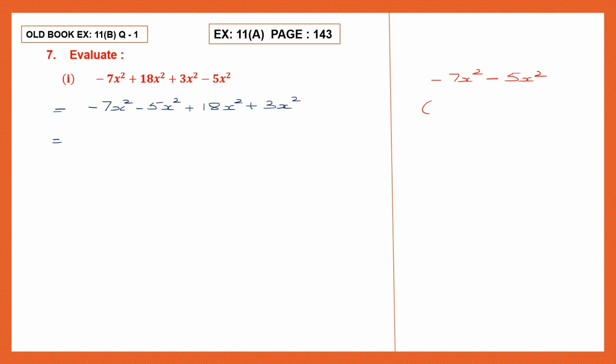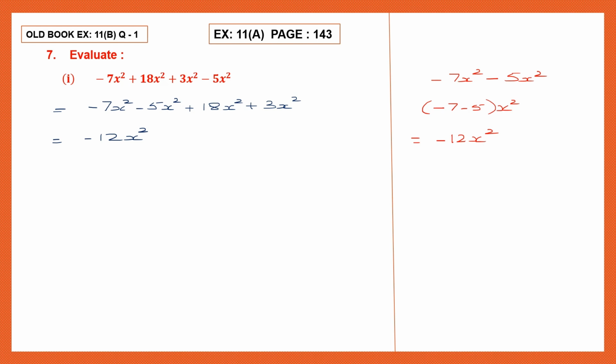So what we do is we take only the numbers minus 7 minus 5 and we have the literal outside, that is x square. Now look at this. Minus 7 minus 5 signs are the same. So we put the same sign and we add 7 plus 5 is 12. So we get minus 12 and we write x square. So here we have minus 12 x square.